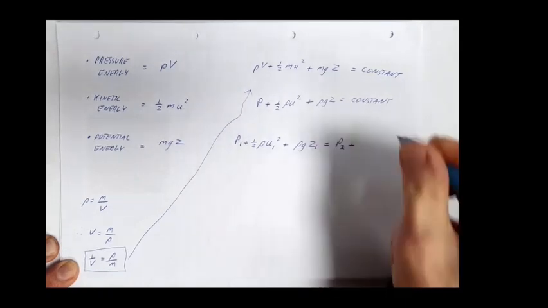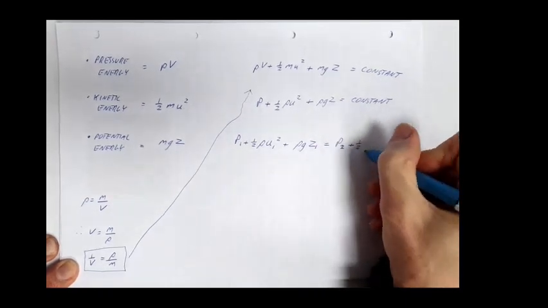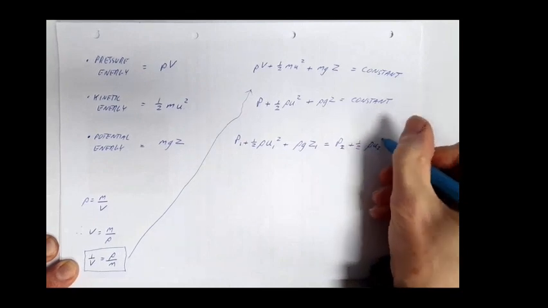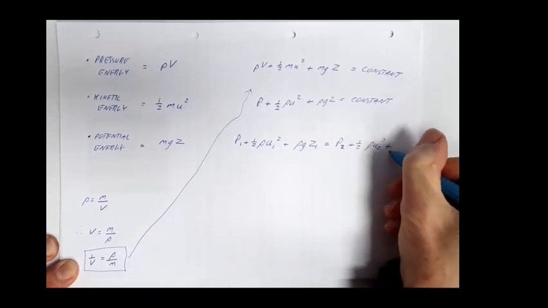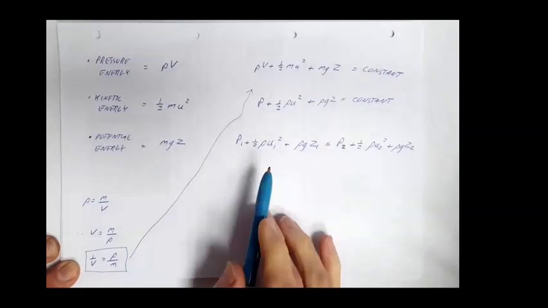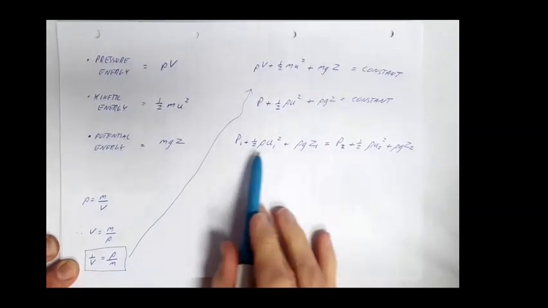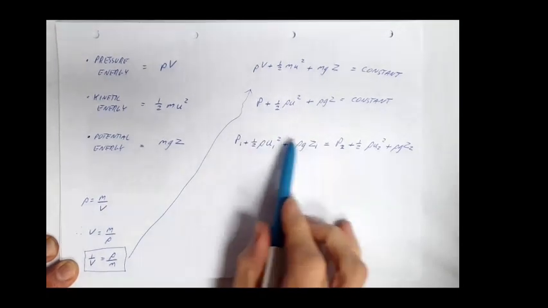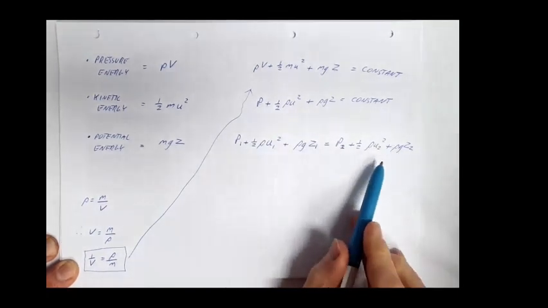So P2 plus a half rho u2 squared plus rho gz2. So that energy at position 1 is the same as the energy at position 2. Generally we will assume that there are zero energy losses from position 1 to position 2 when we're considering the transfer of fluid from one position to the next.